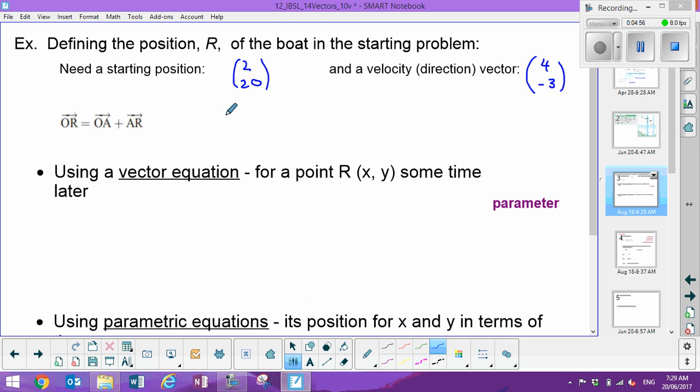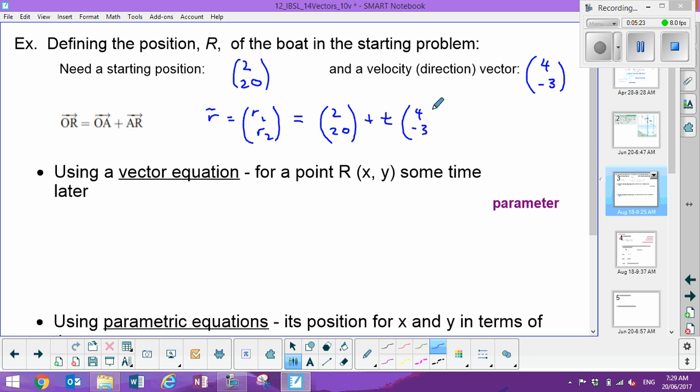We could write that as R1, R2, and that R will equal our starting point, 2, 20, plus T lots of our direction vector.